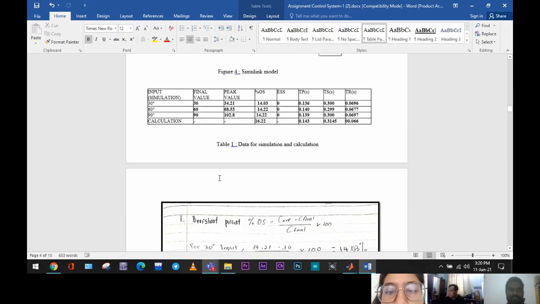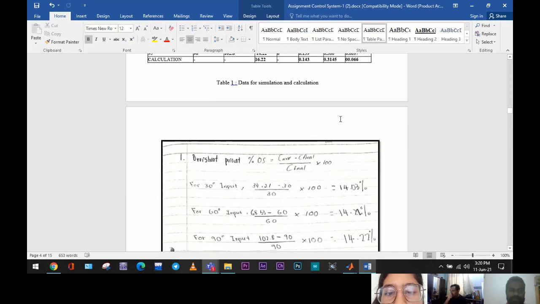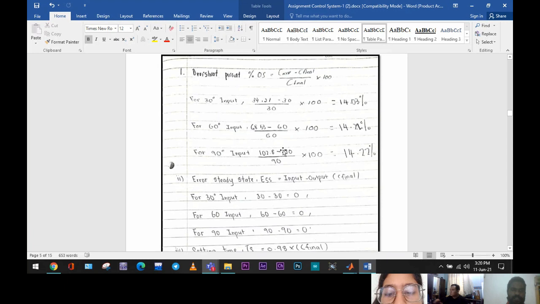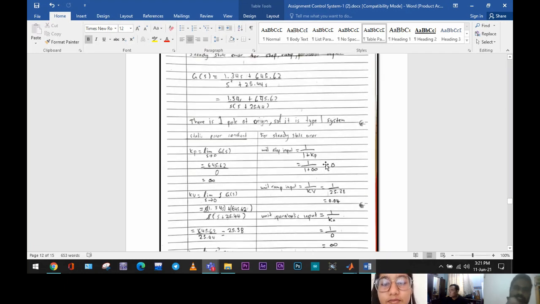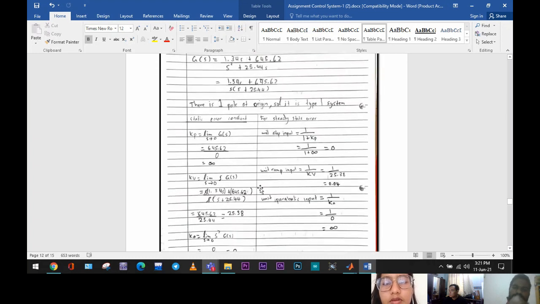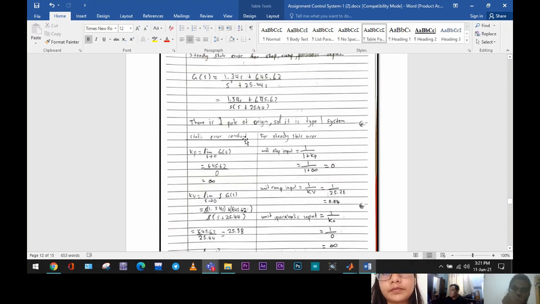That's all for the table, and this is the calculation, where we can refer to the calculation method we have shown in this step. For this calculation, regarding the parabolic input and also the step and ramp, we have calculated it.